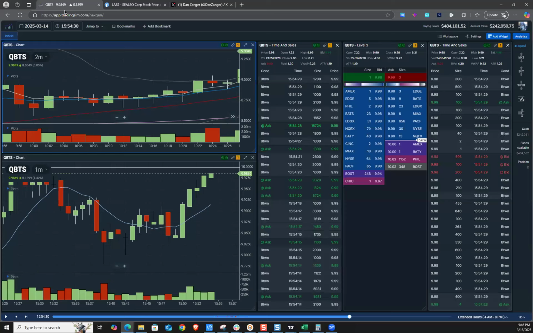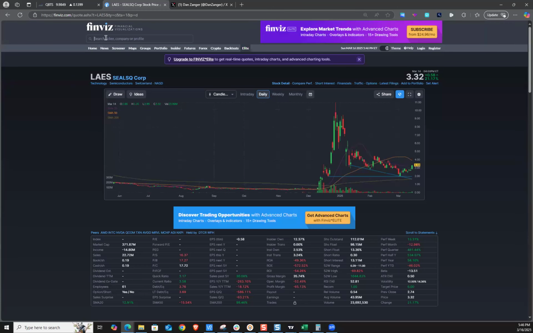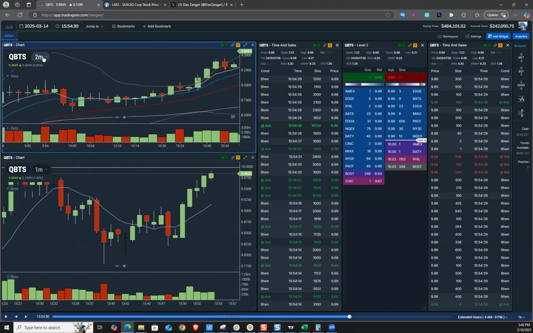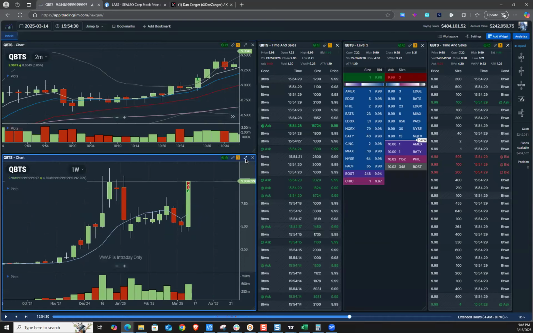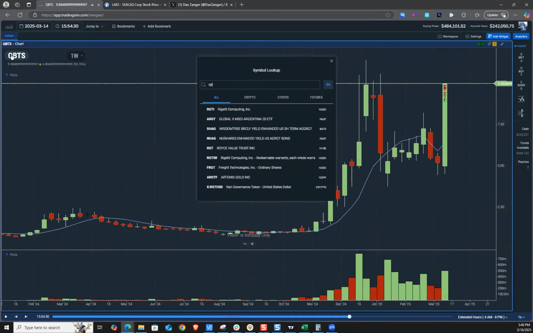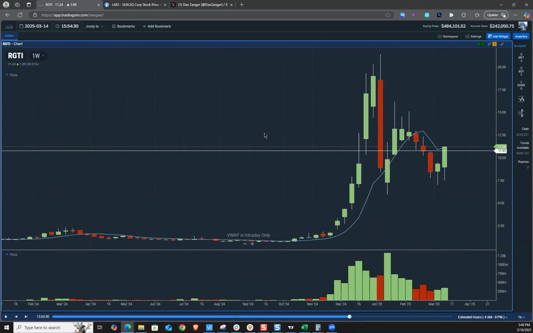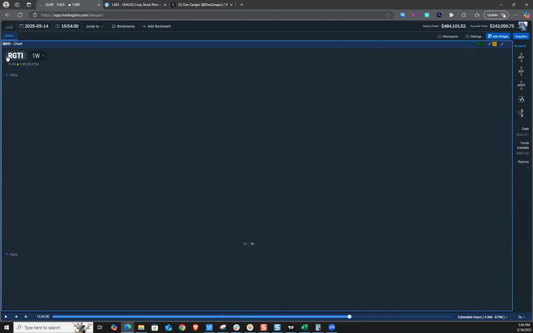Because he looks at it on the weekly. So if this was your big extended push up, this push down is going to build a flag on, let's say, the weekly. It'll start building a flag, so it's just going to start getting tighter and tighter. So he tries to predict the bottom of the flag, which would be like if you put QUBT, for example, on the weekly last week. These have all sold off a ton because of the news.